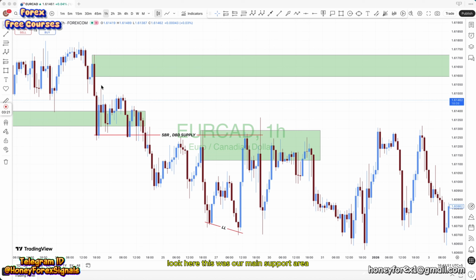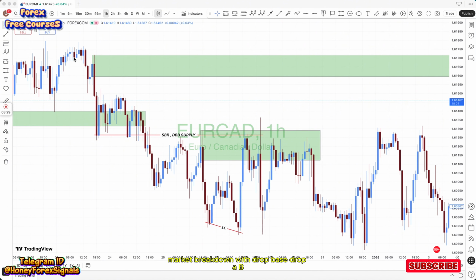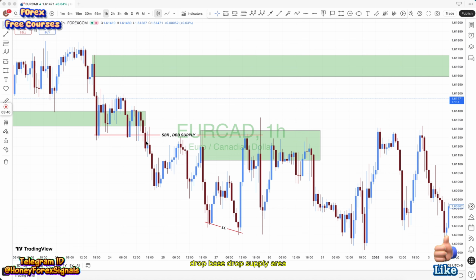Look here, this was our main support area. The market broke down with drop base drop AB, CD drop base drop breakdown. So this was our support area. Drop base drop supply area, and this supply area with bullish engulfing. Look here when we convert to line chart.